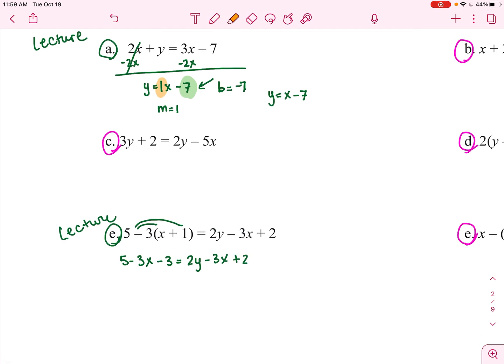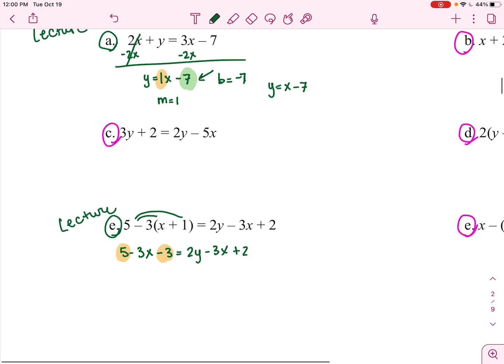On the left-hand side of the equation, we have a 5 minus 3. Those are like terms on the same side of the equation, so let me combine those. 5 minus 3 is 2. 2 minus 3x equals 2y minus 3x plus 2.